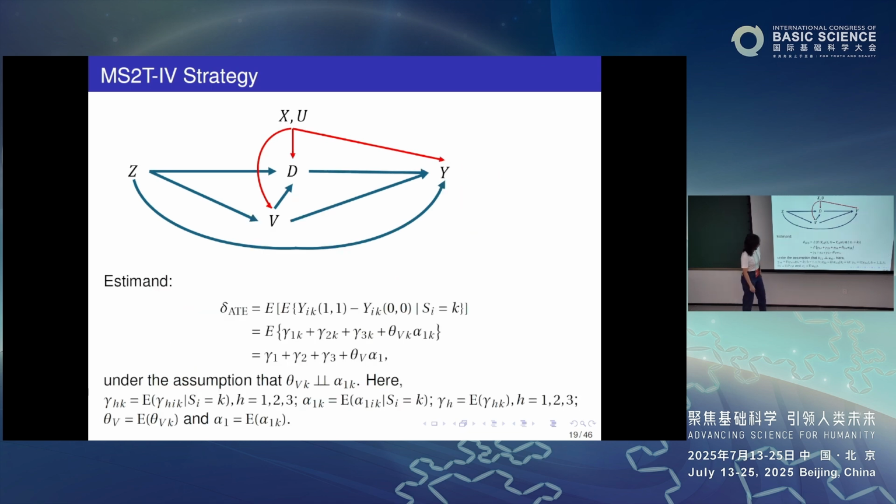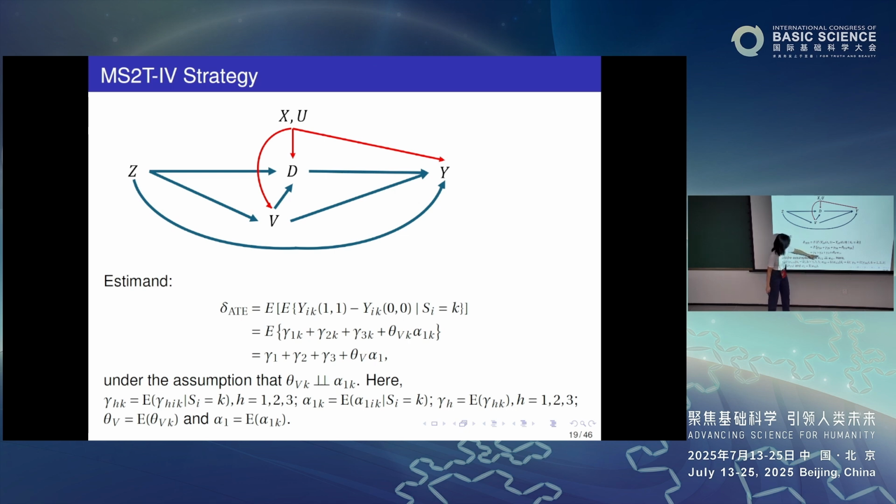And here, when we drop the index i, for example, this gamma 1k, it means that it's an average of gamma 1ik after taking the average over subjects i inside. And if we further drop k, it means that we further average gamma 1k over schools.